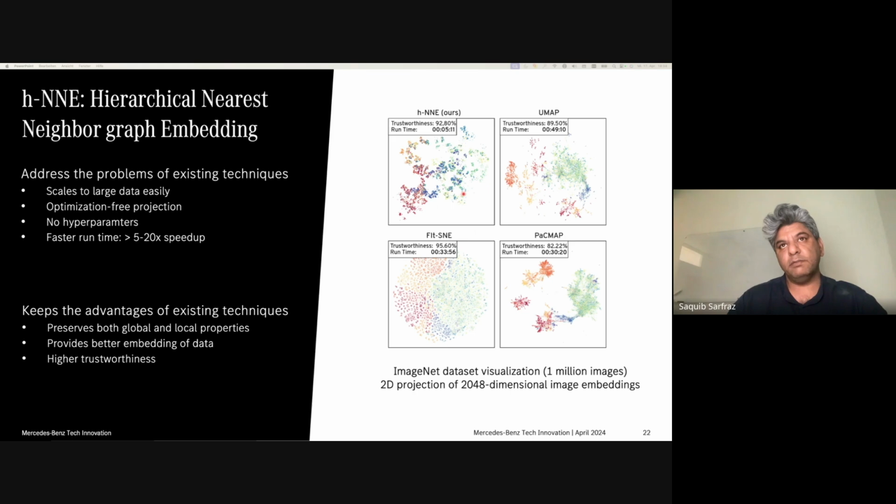You can see that with various methods, the trustworthiness score is acceptable. It's not that bad. Actually, it's better than UMAP or PaCMAP. With this optimized t-SNE, it's still very close. But I think you can see that the speed up is really noticeable, and it basically projects 1 million data points in 5 minutes, in comparison to more than 30 or 40 minutes for other methods.